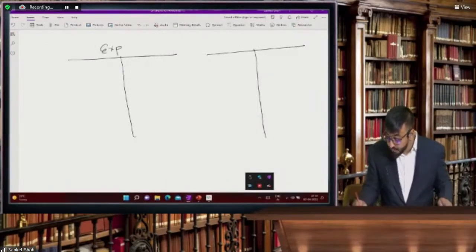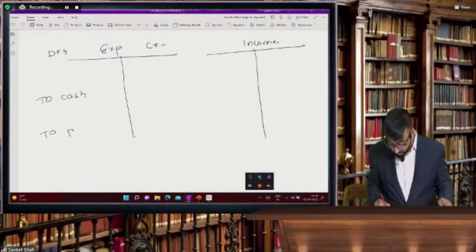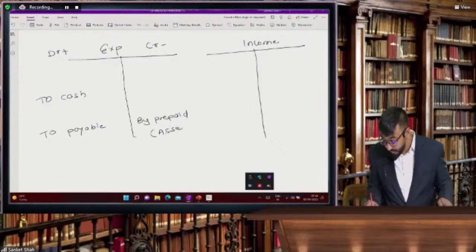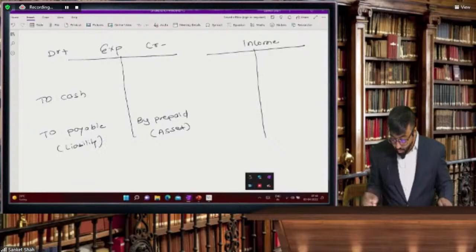Expenses. Now expenses and income. Expenses means debit plus, credit minus. So you are going to start with to cash, to payable. Suppose if it is the next year's prepaid, so by prepaid that will be the closing asset side. This will be recorded on the liability side. Opening is reversed to prepaid and by payable.